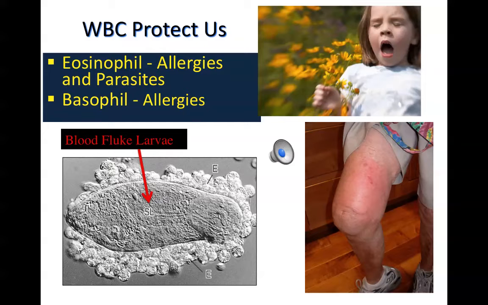The eosinophils are responsible for protecting us from parasites, such as worms or different types of animals that might infect our bodies. And also, eosinophils are responsible for the symptoms that we associate with different types of allergies. Bee sting allergies, penicillin, shellfish allergies. These are often triggered by different types of vasoactive amines released by activated eosinophils.